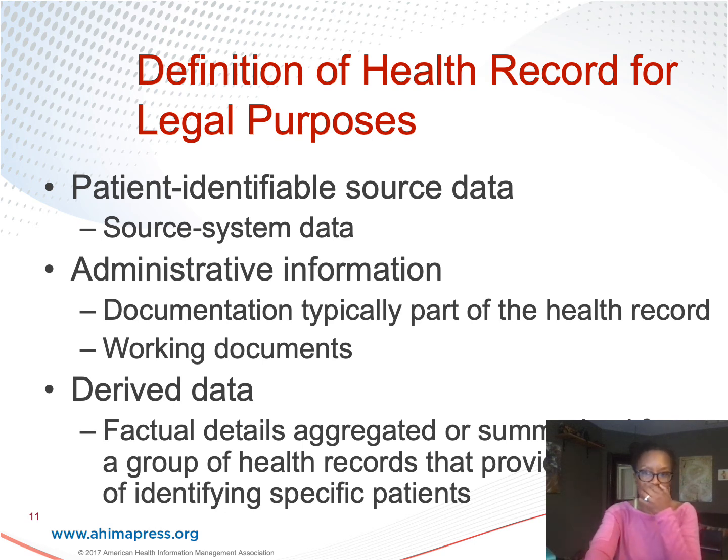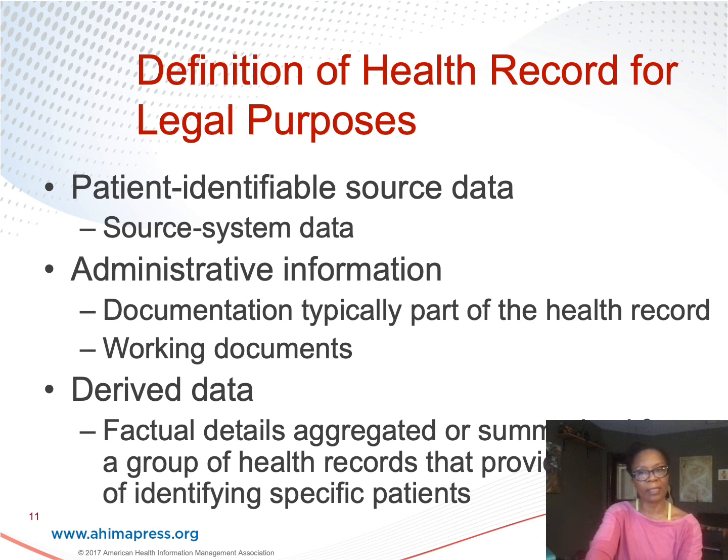Each facility needs to determine how new documentation applications will be interpreted in relation to the facility's legal health record. So there are various types of patient identifiable source data, which is collected and stored in source systems. Source system data must be evaluated for inclusion in the legal health record.